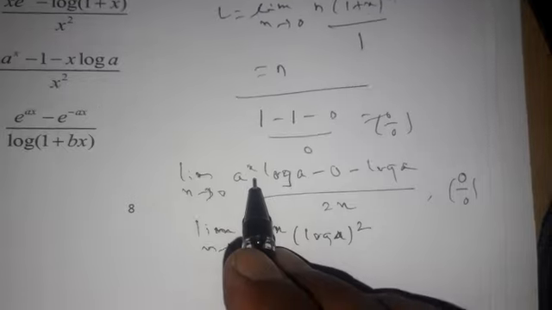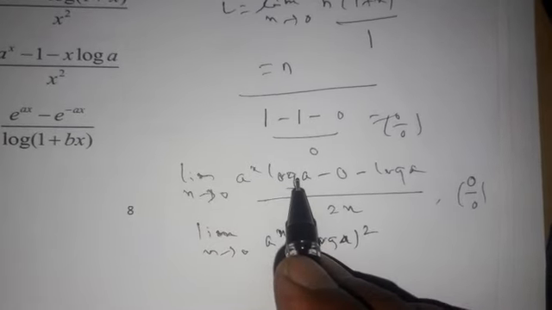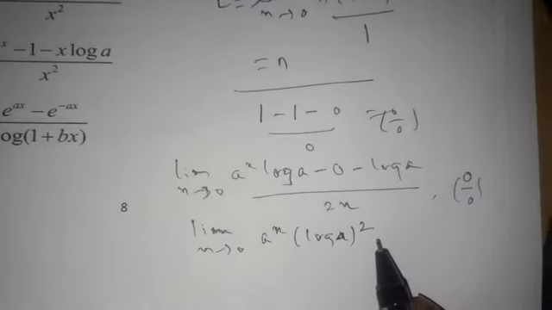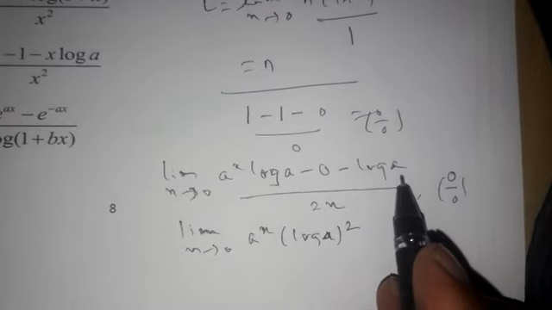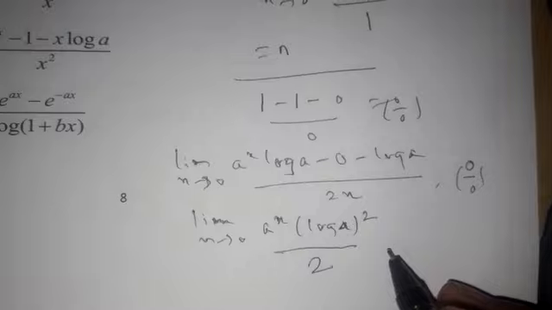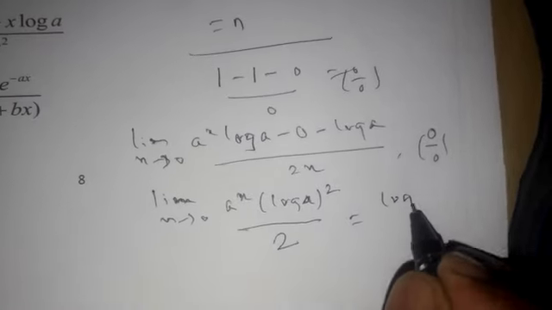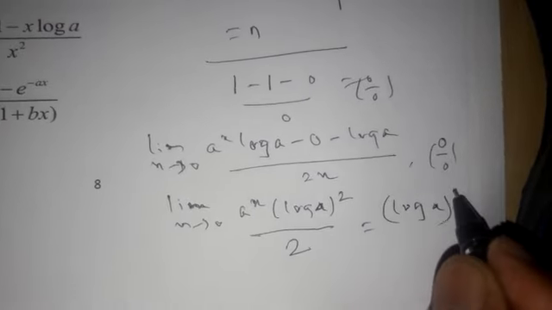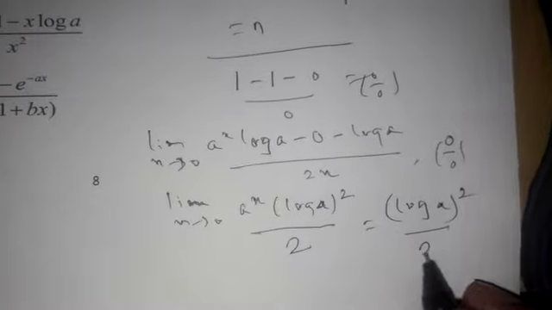Derivative of a raised to x is a raised to x into log a, and with the previous log a, it becomes log a square. Derivative of x square is 2x, so after putting the limit x equal to 0, our answer is (log a) square upon 2. So in this way we can find the answer.